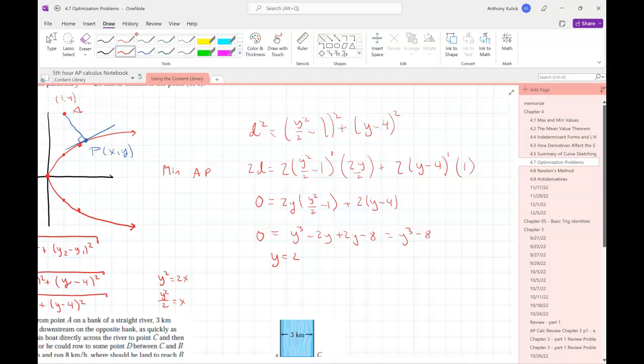Everybody's cool with that? What are the two other solutions? That's a third degree polynomial. Why aren't I worried about the other two solutions? They are imaginary. How do I know immediately that they're imaginary? Why didn't Mr. Kulik bother to go searching for any other solutions to this?